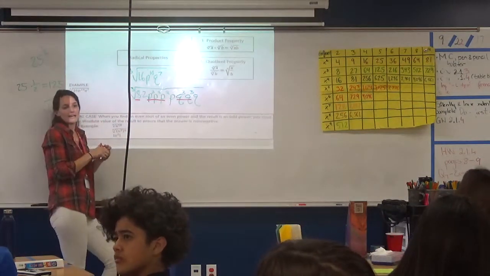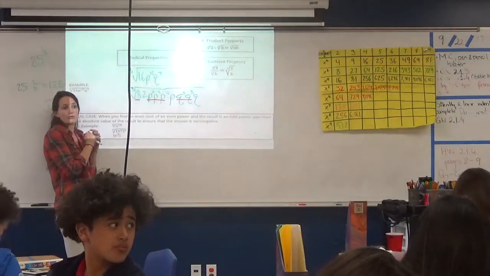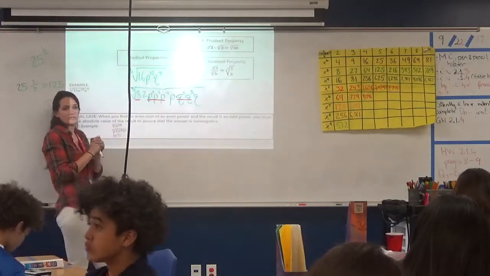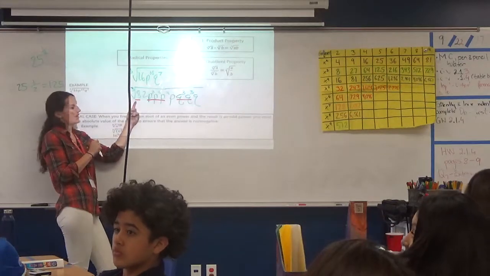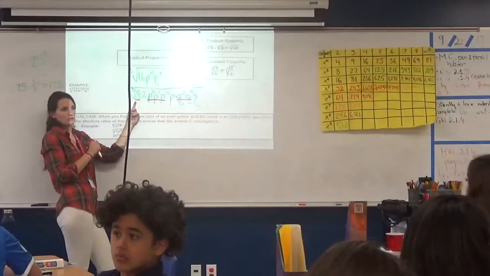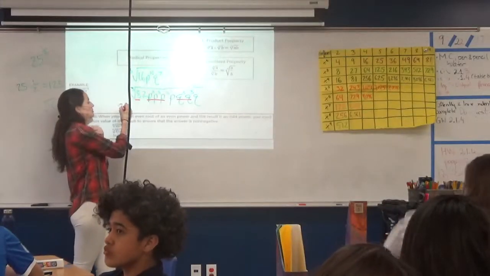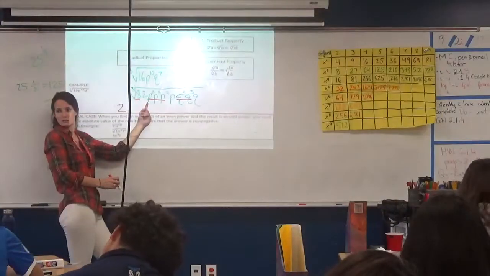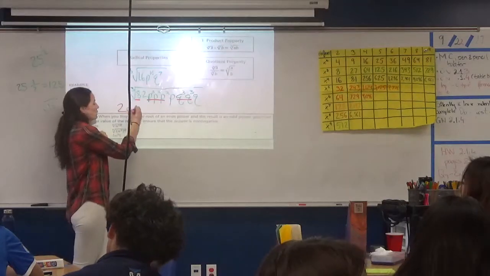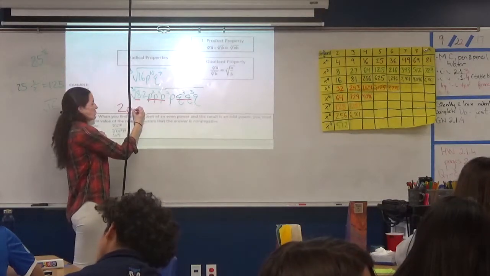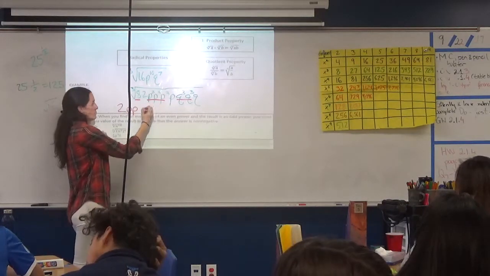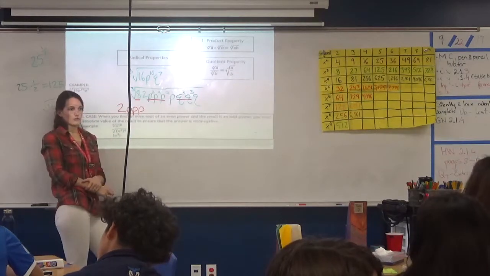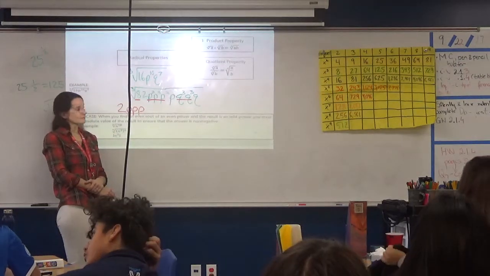So let's go ahead and actually find the cube root of these things. The cube root of 8 is 2. The cube root of p cubed is p. Do you agree? All of those would give us that, okay?